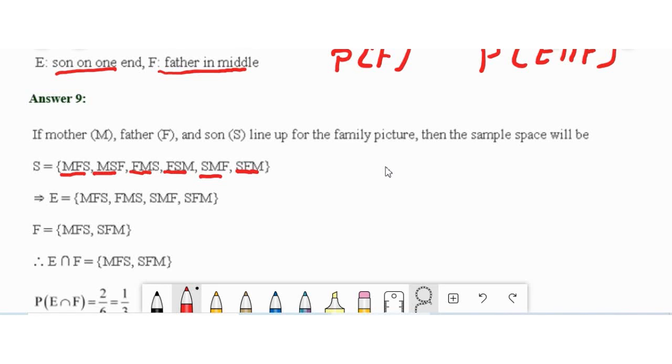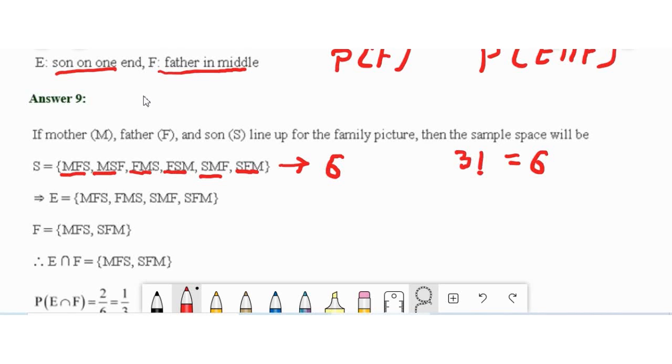Alright, so you can see 1, 2, 3, 4, 5, 6 outcomes we have. So the total number of outcomes is 6. And that you can understand very well, you are familiar with the formula of 3 factorial. So total outcomes will be 6 because we have 3 objects and this is the number of ways you can arrange them.